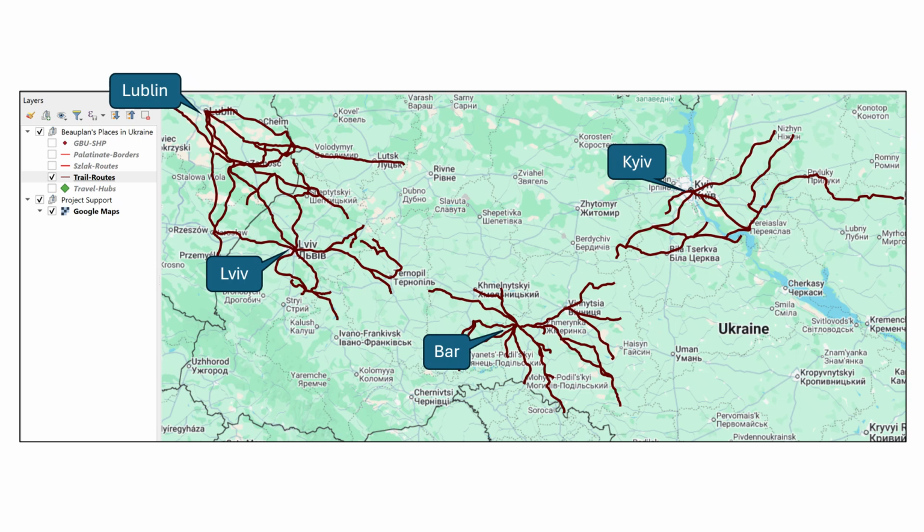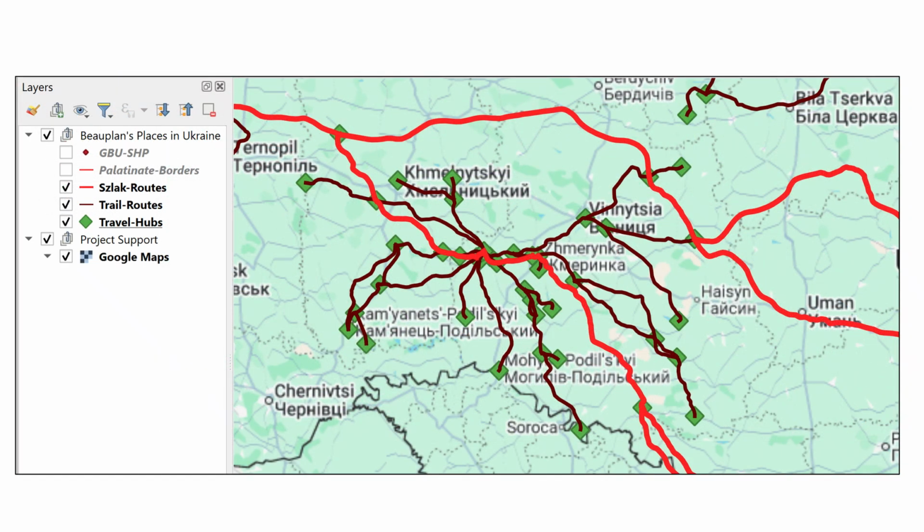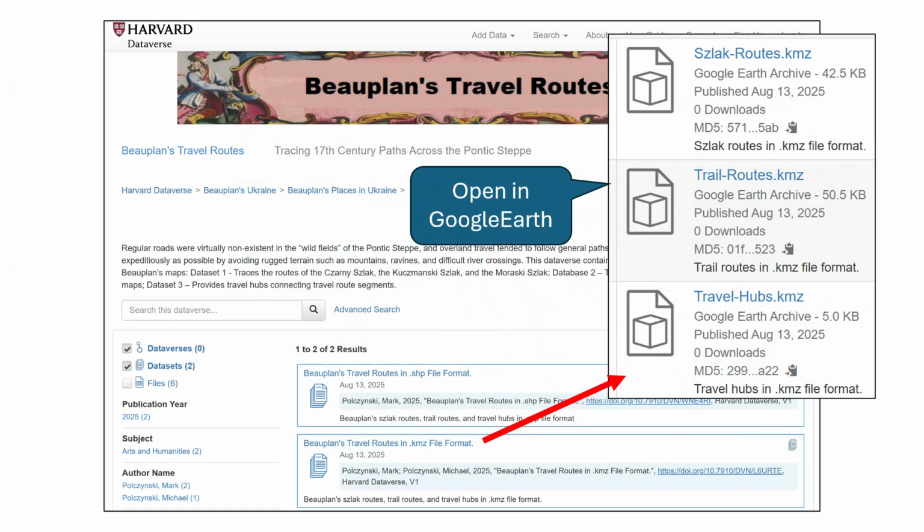And here are the trail routes from Beauplan. The travel hubs were used when creating these travel routes as a way to connect the various segments and intersections of the routes. As with the other elements of the Beauplan's Places in Ukraine Dataverse, the KMZ versions of the routes and hubs can be opened in apps such as Google Earth.